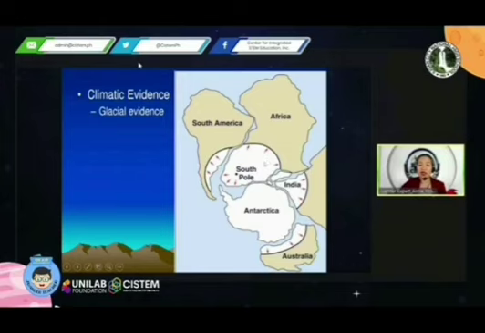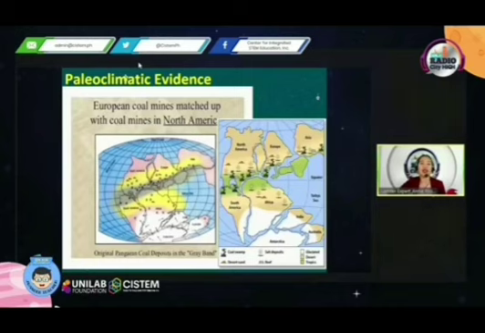These marks are what we call glacial striations or glacial scars or glacial scarring. All right. So that is also one of the evidences that was supported by Alfred Wegener in his continental drift theory. All right. The next evidence that I'm going to show you is about the paleoclimatic evidence.